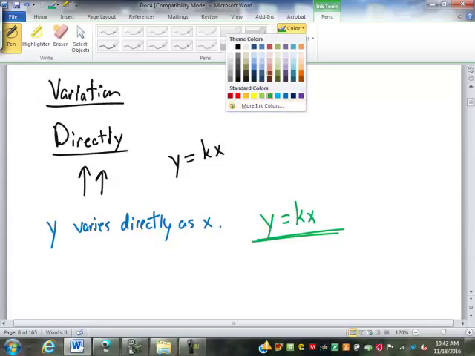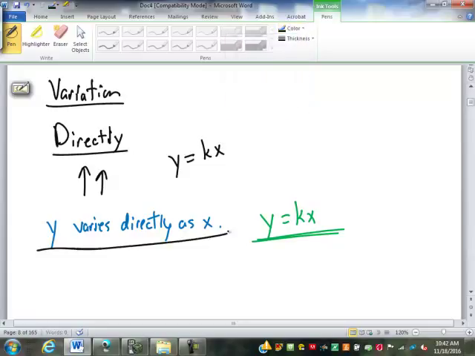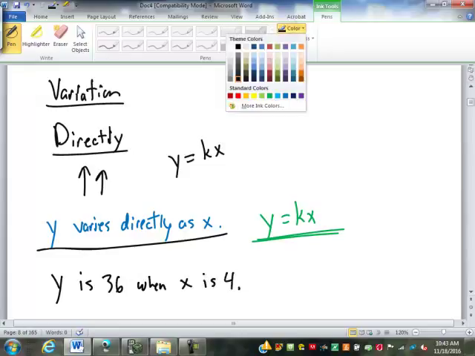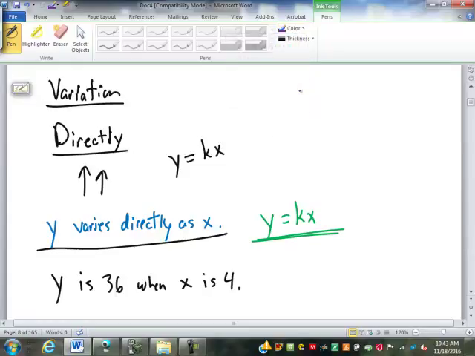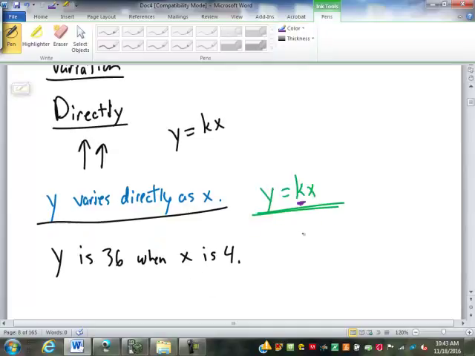Now, if we're told y varies directly as x and that y is 36 when x is 4, that's giving us some additional information. With that, we can actually solve to figure out what this constant is.